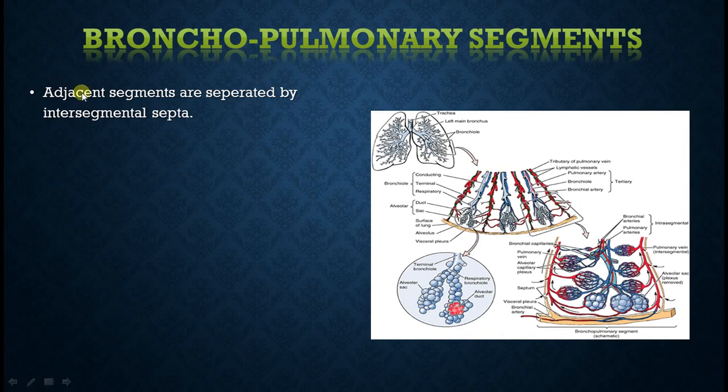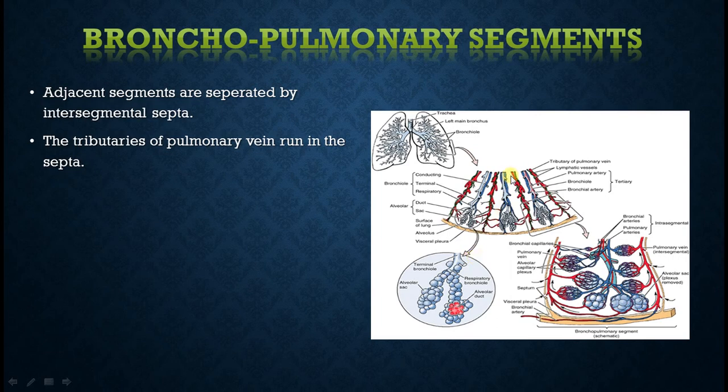Okay, so adjacent segments, one bronchopulmonary segment and the other, are separated by the intersegmental septum. What runs in the septum are the tributaries of the pulmonary vein. So each segment is wedge shaped, base nearer to the surface and apex pointing deeply.